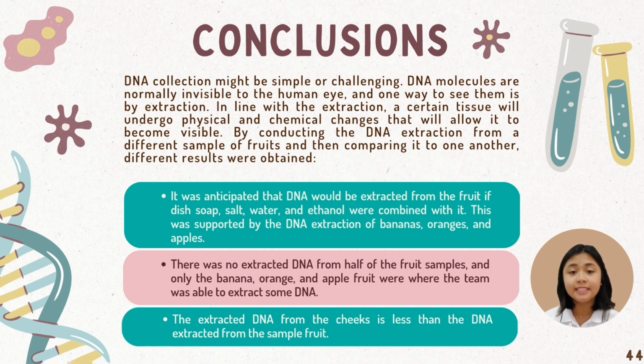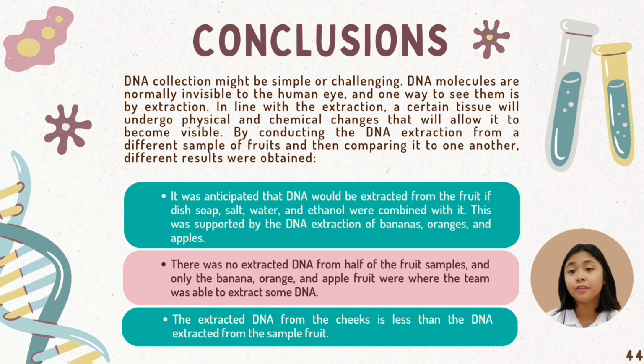Acquiring inadequate DNA and sample contamination may have been caused by a variety of things, including human error, the quantity of DNA present in the specific fruit, the number of cells in the volume of fruit consumed, and the maturity of the fruit. Fruits need more effort to extract DNA from, since the fruit must be separated from other biological components and mashed up to release the DNA.